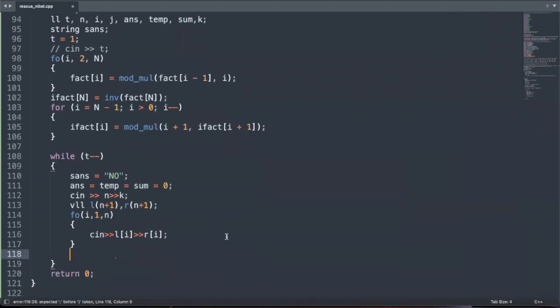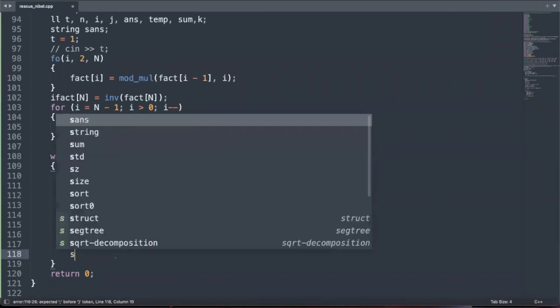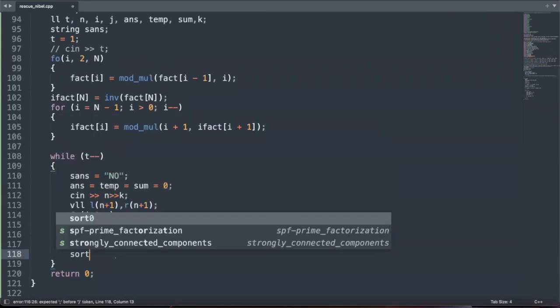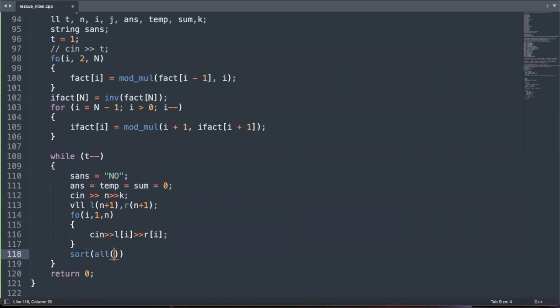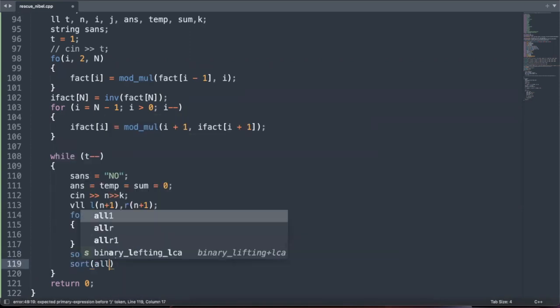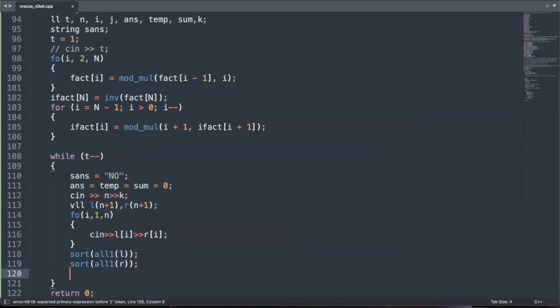Although I'm going to write the exact same code that I had before, it's still good practice to submit everything so it all makes sense. So now we'll individually sort these values of L and R.